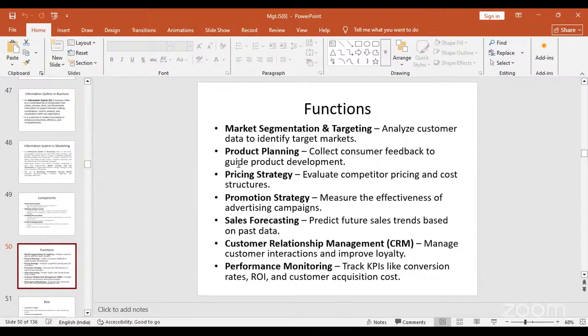If you charge delivery charges and another company provides free delivery, then the customer will order from that company because the price is less according to them. So that is also a function of marketing information system.